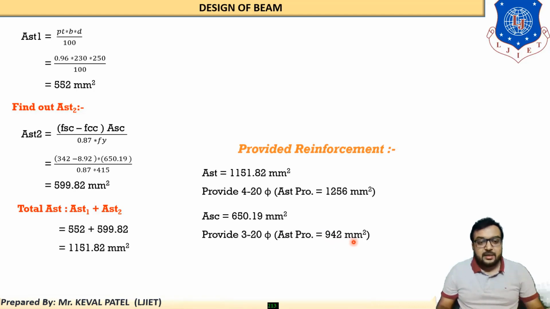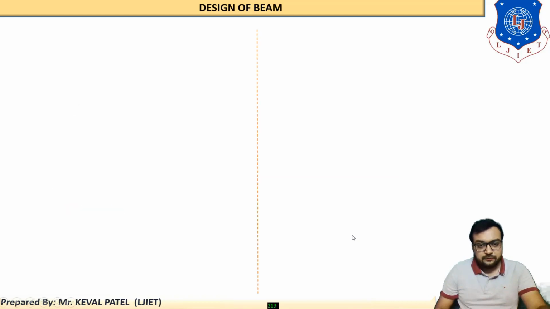Students, this is the design of the beam at mid span. Similarly, we have to design the beam at the support, at the junction point. All the calculations remain the same, so let us revise the steps of all the calculations. Now, design at support.